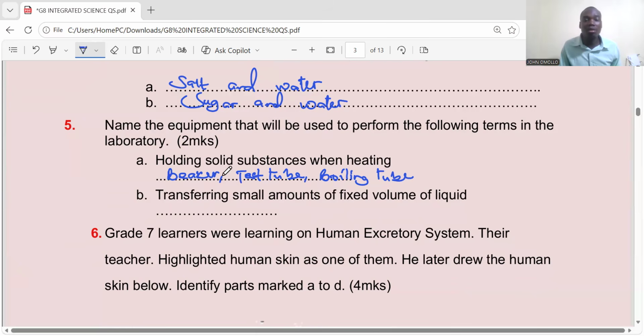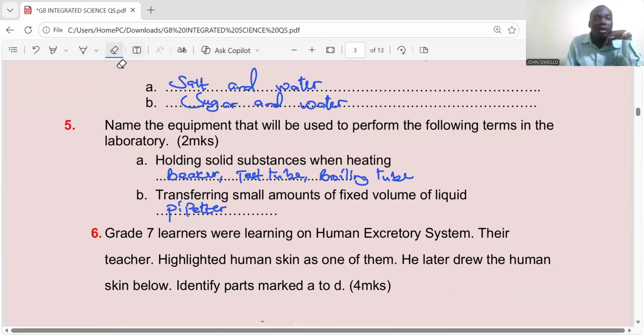So when you put solid substances in a beaker, they will be held. You put them in a test tube, they will be held. In a boiling tube, they will be held. Transferring small amounts of fixed volume of liquid. So when you talk about that, we are talking about a pipette. A pipette will only be able to transfer the fixed amount of liquids.